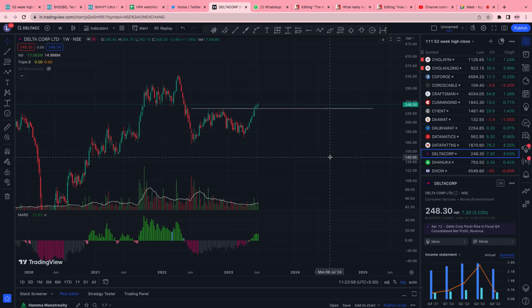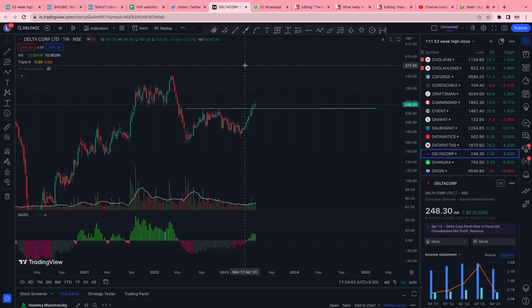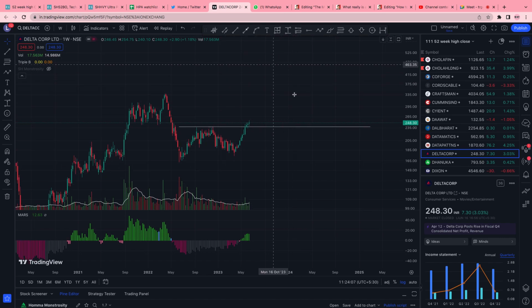And what is my setup? My setup, you all know now, is I like flags, and I like to take entry not on breakout but on pullbacks, right? That is what I think I do well, or at least that suits my personality and mentality. Whatever suits you, you should do that.